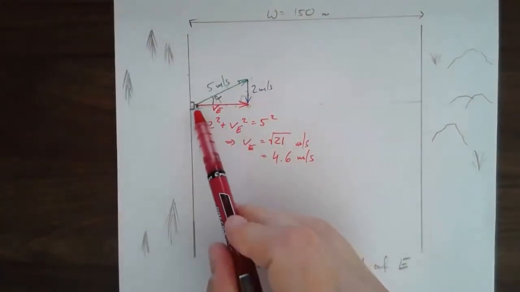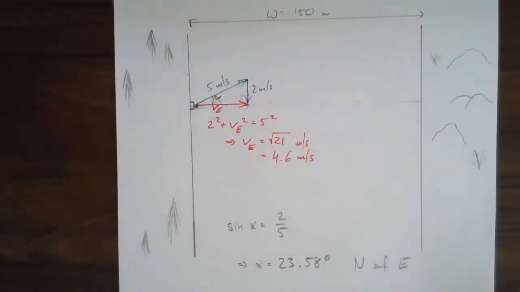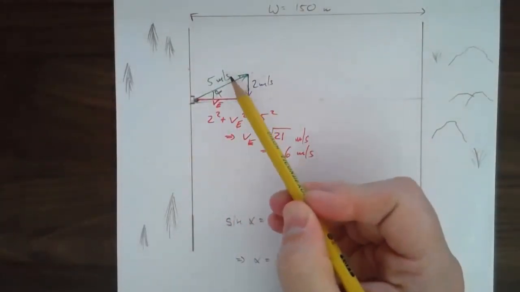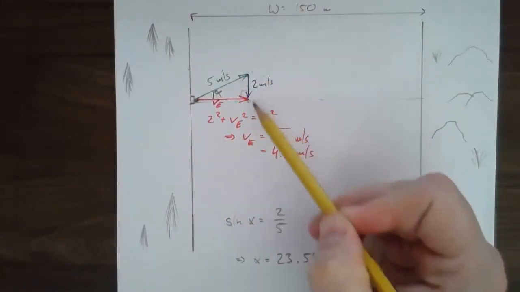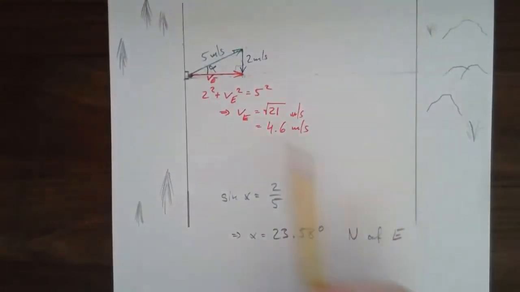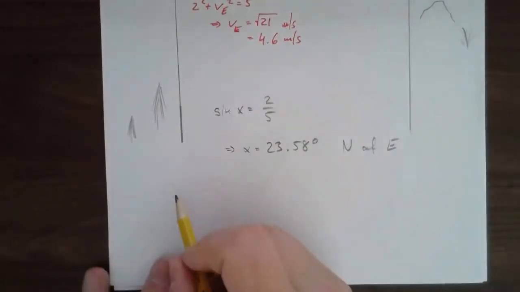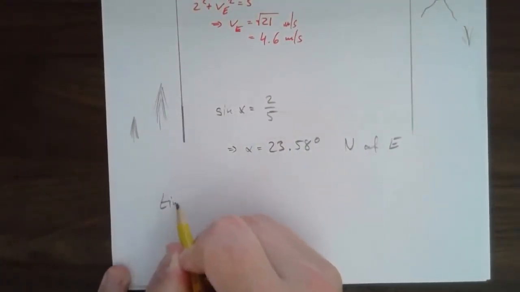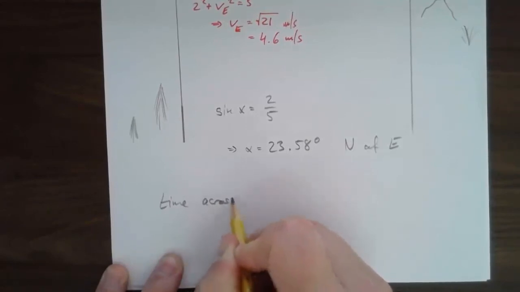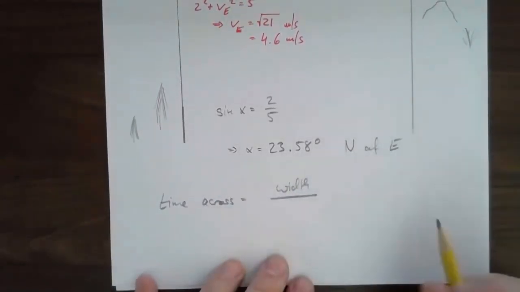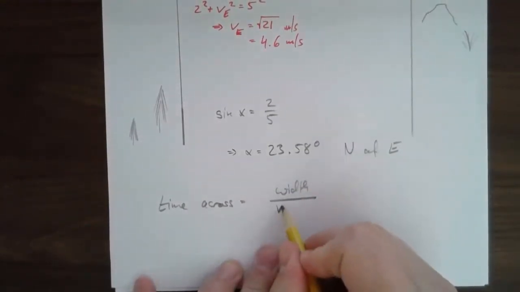So the actual motion sideways is 4.6 meters per second, and accordingly it's going to take a little bit longer to get to the other side, because we had to use part of the motion of the engine to go upstream, to counteract the downstream motion of the river. So overall motion is sideways. Let's find the time. Well, the time across is the width of the river divided by the velocity east.